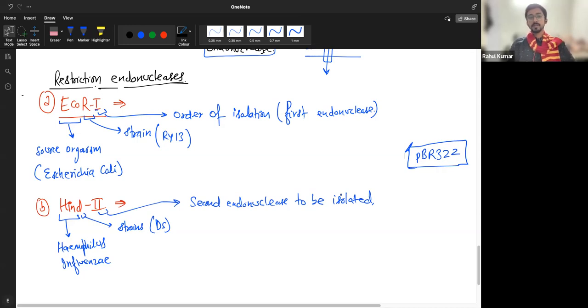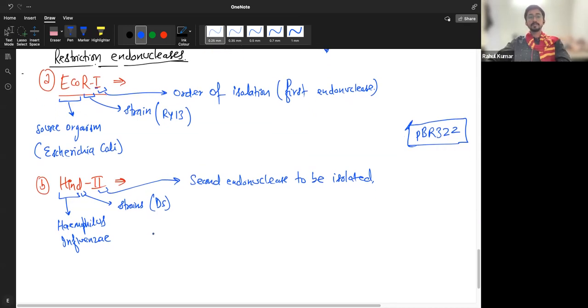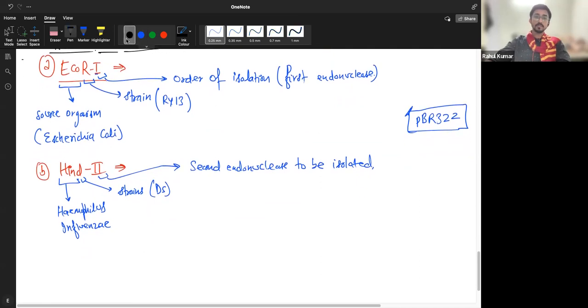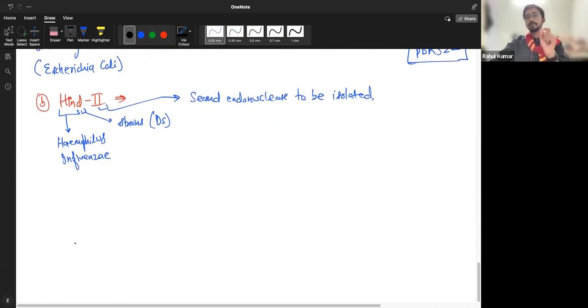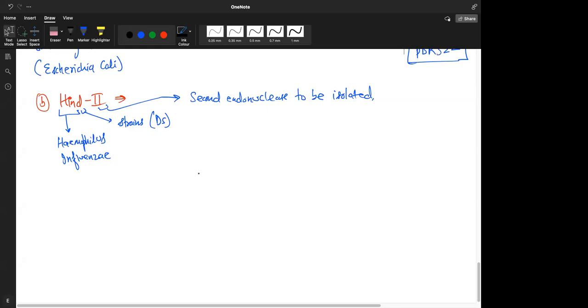Now about restriction endonucleases, one thing that you should remember: each restriction endonuclease only cuts at a specific sequence, and the specialty about these sequences is that they are palindromic sites. Does everyone know what a palindrome is?